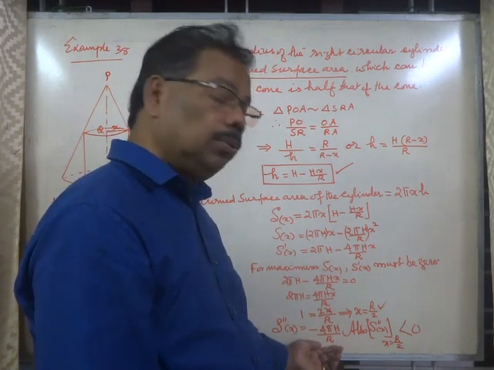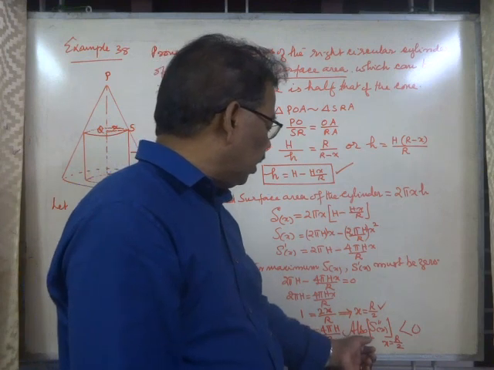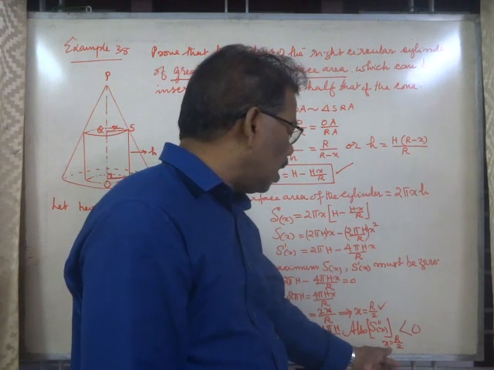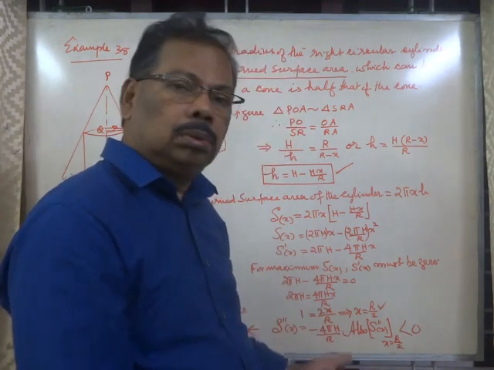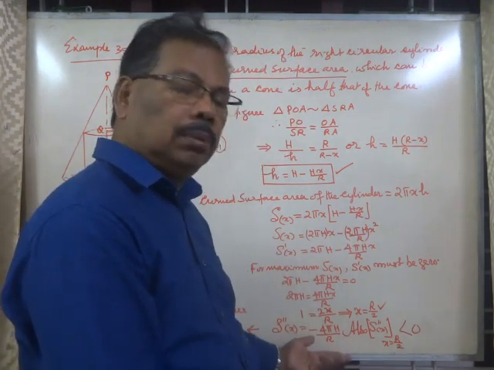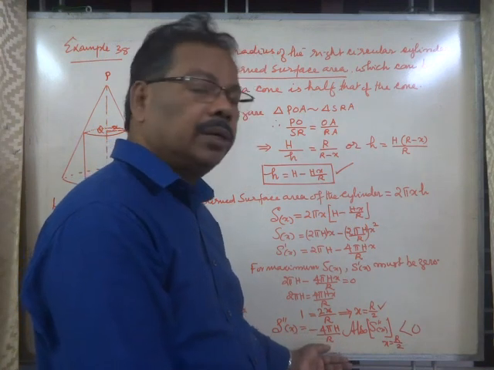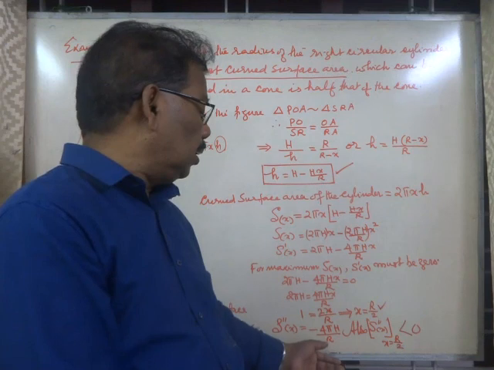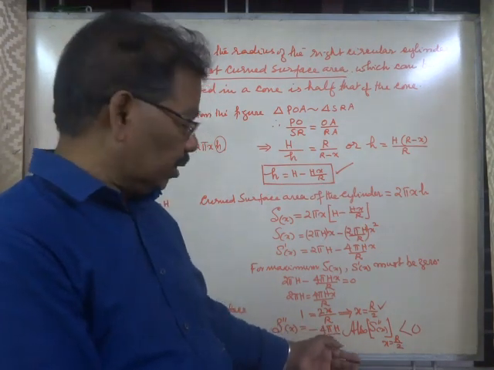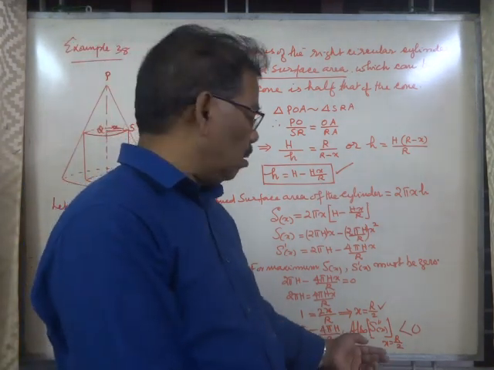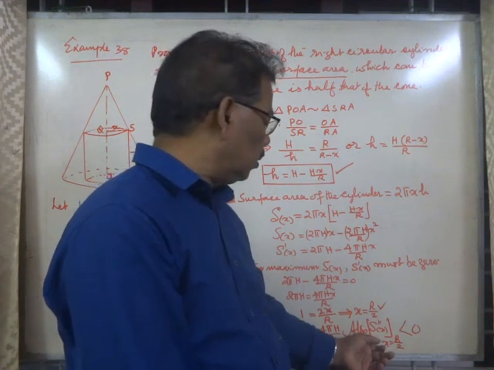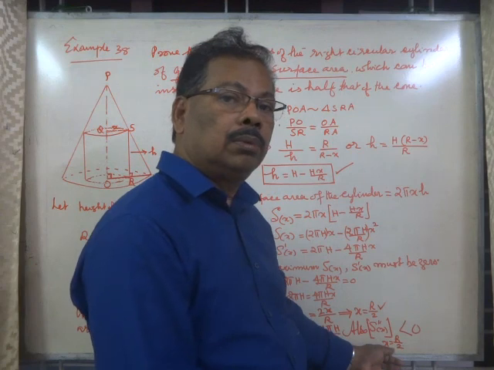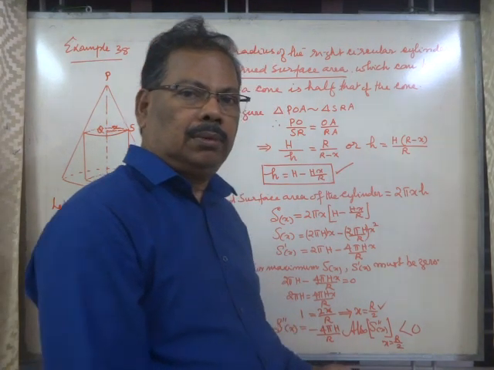Suppose you find S double dash x at x equals R by 2, you will get negative 4 pi H by R itself. That is, the second derivative of that function, when x takes the value R by 2, is negative.